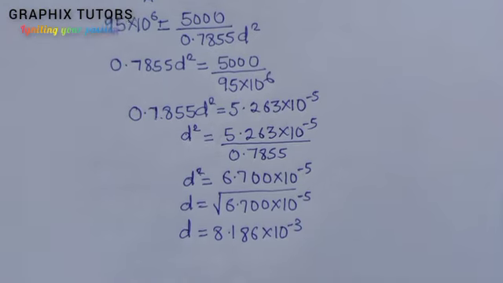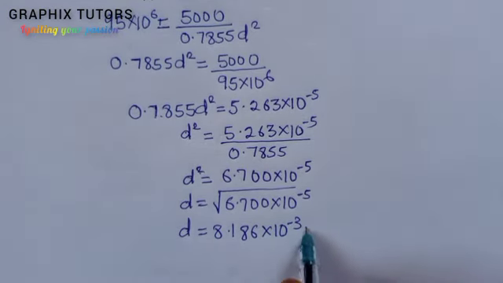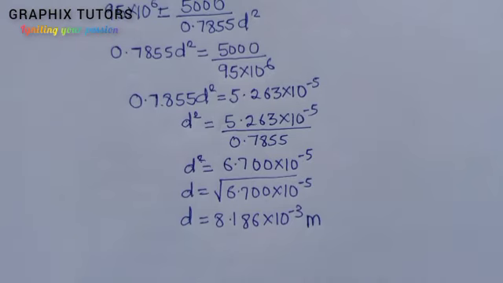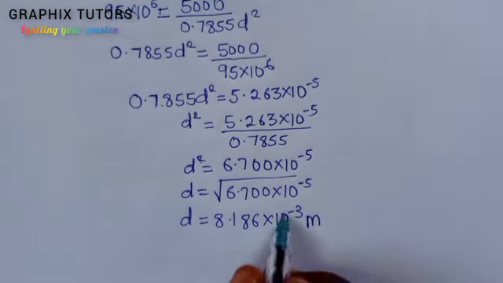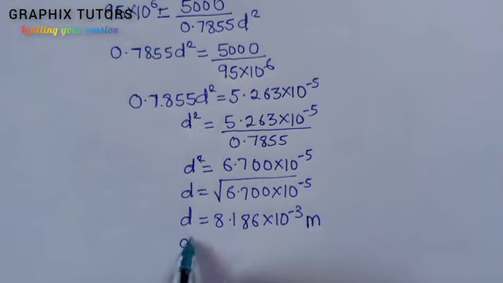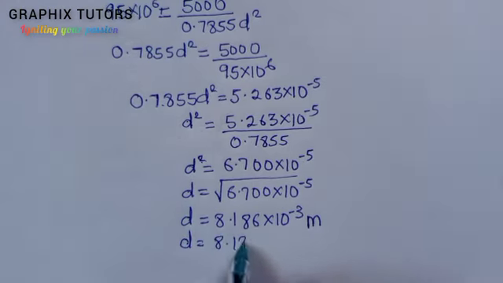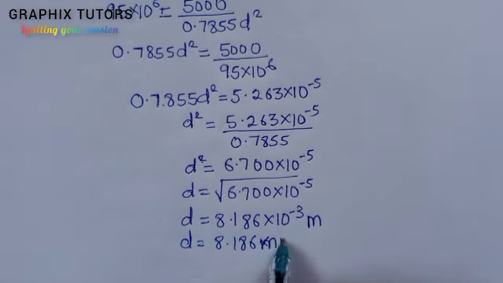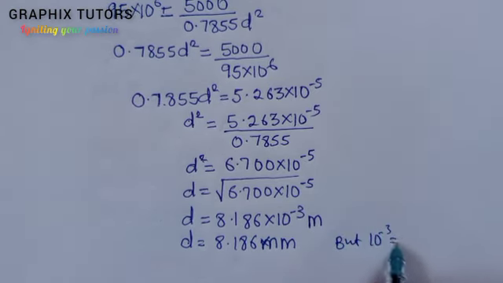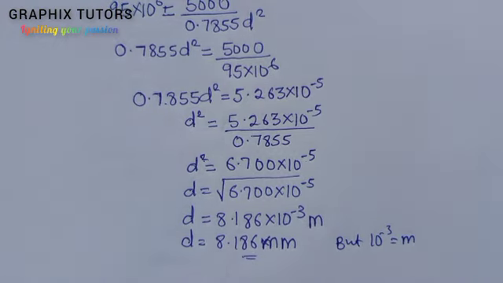Don't forget it is in meter. We know very well that 10 to the power minus 3 is also called milli. So D will give us 8.186 millimeter. So this is the minimum diameter of the steel wire. It is cylindrical in shape. This is the minimum diameter that is required.